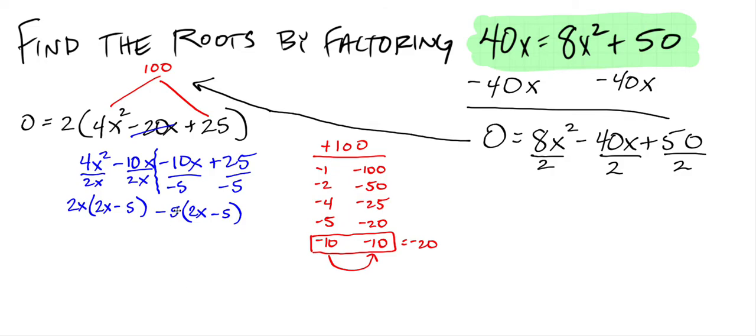Now, if I did this correctly, these 2 parentheses will be the same. That parentheses is considered a greatest common factor. So I'm going to factor out the common parentheses. And then in the other parentheses, I write whatever is left over, which would be 2x minus 5.